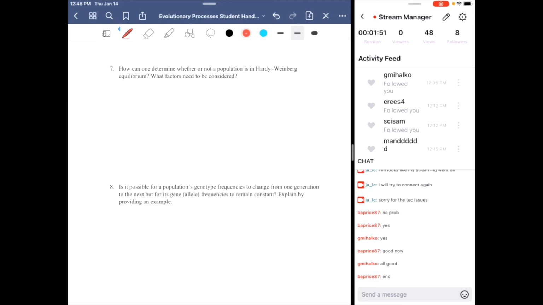The whole point of the second part of this activity was to go through a process that helps you know whether a population is in Hardy-Weinberg equilibrium or not. Some important factors would be to calculate the number of individuals in a population that are homozygous versus heterozygous.